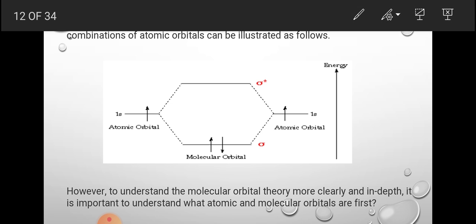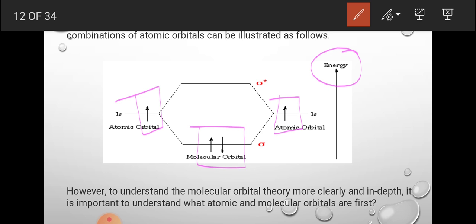This is your parent atomic orbital. Okay, you can see that the bonding molecular orbital is lower in energy.